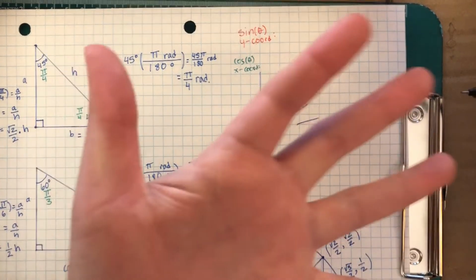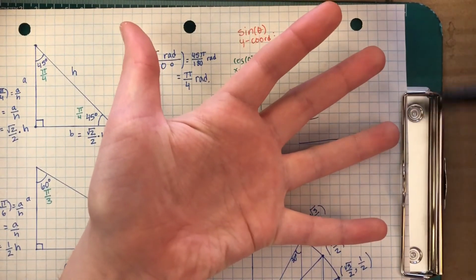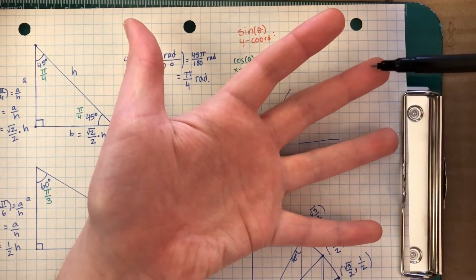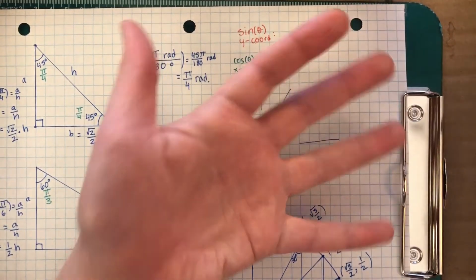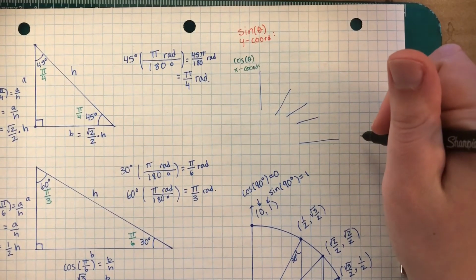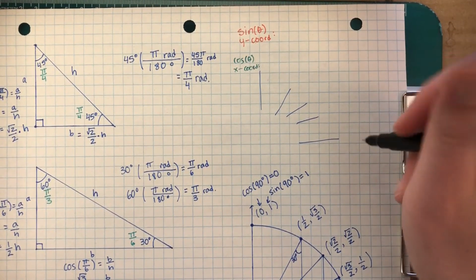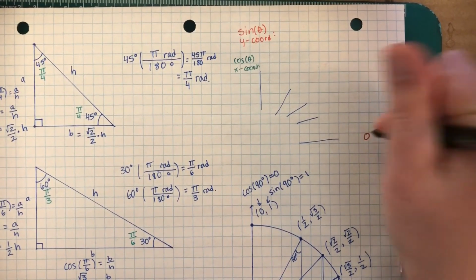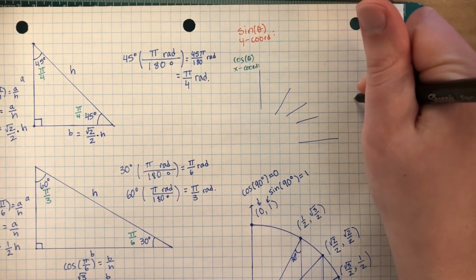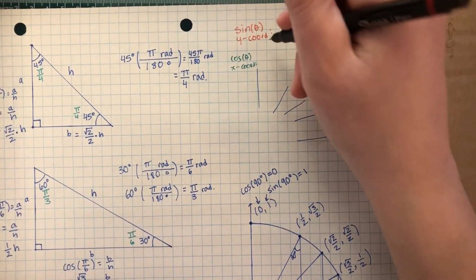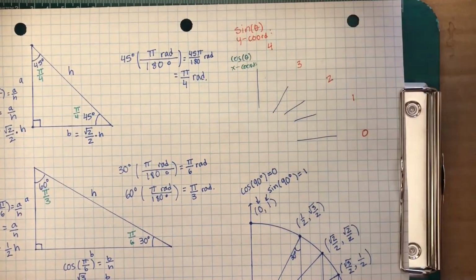Or you can even put your hand here and count it on your fingers, where this one represents 0, 30, 45, 60, and 90. So I'm just going to start at the positive x-axis like I usually do, and I'm going to count the lines starting from 0. 0, 1, 2, 3, and 4.